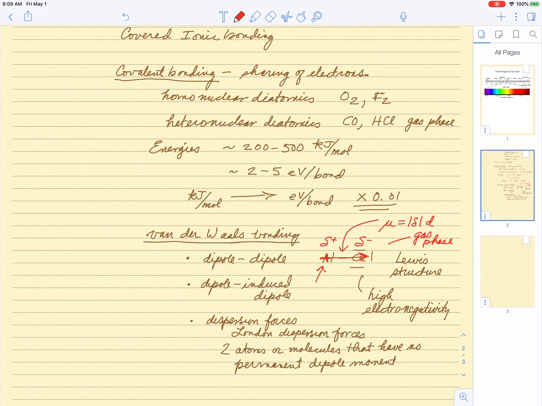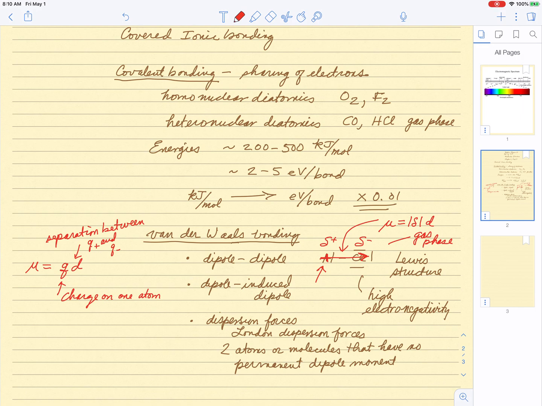Okay, so that's the dipole moment, and so the dipole moment in general is equal to Q times D, where Q is the charge on one atom, and D is the separation between Q positive and Q negative in the molecule.